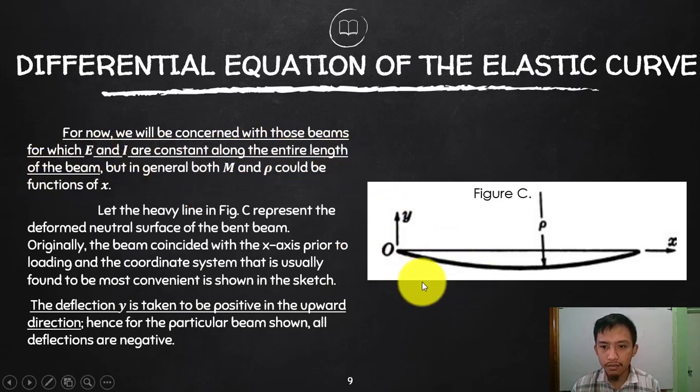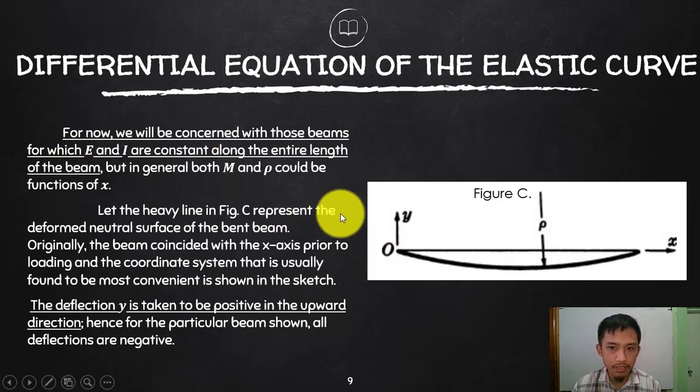For this discussion, we will limit ourselves to E and I being constant. What does that mean? If E is constant, the type of material used is the same all throughout the beam, which is of course the common case. Seldom will we have different types, unless this is a composite beam.